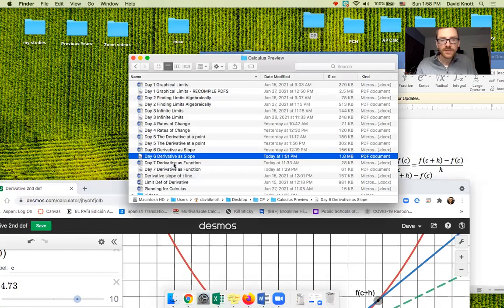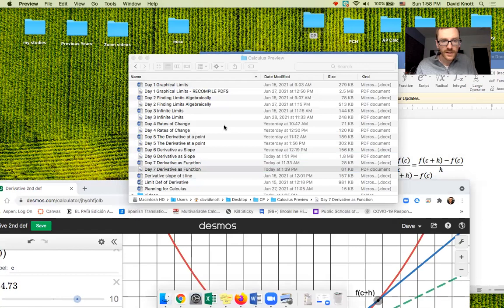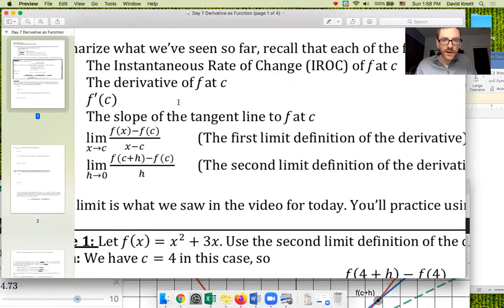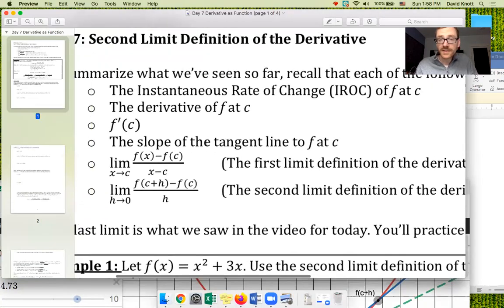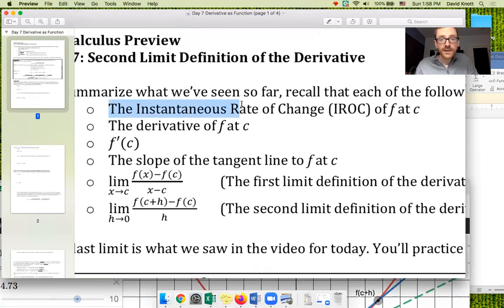So I'm going to open up today's worksheet. And so we now have this long list of things that all mean exactly the same thing. The instantaneous rate of change of f at c means the same thing as the derivative of f at c. Symbolically, in notation, we use this expression to represent it. And as we saw yesterday, that means the same thing as the slope of the tangent line of f at c.